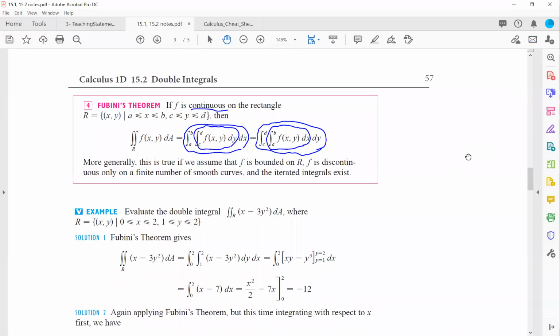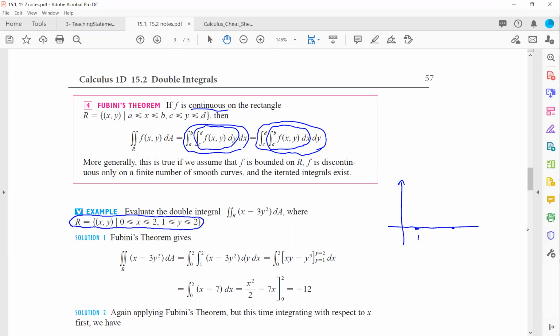Let's take a look at another example. Here you have a function x minus 3y squared, and you are taking the double integral over a rectangle. So this rectangle, if you want to visualize this, on the x-axis, you are in between 0 and 2.